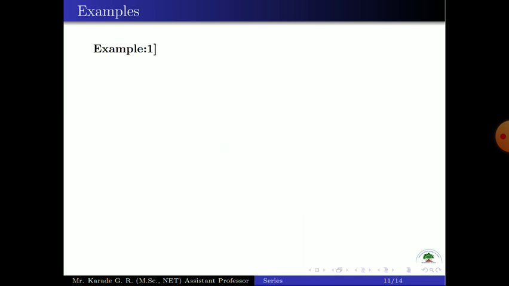Let us take one example. Find the sum of the series 5 upon n into bracket n plus 1 plus 1 upon 2 raised to n.